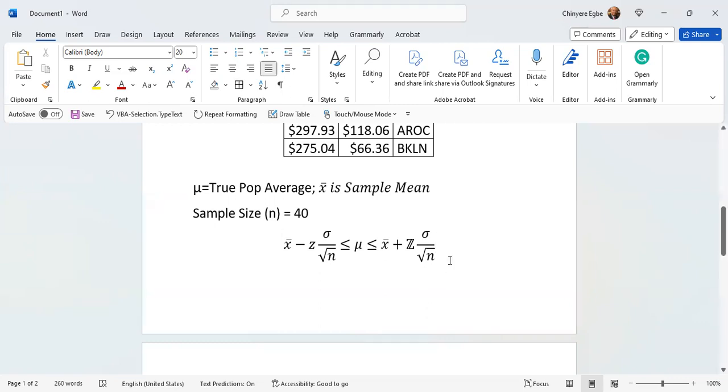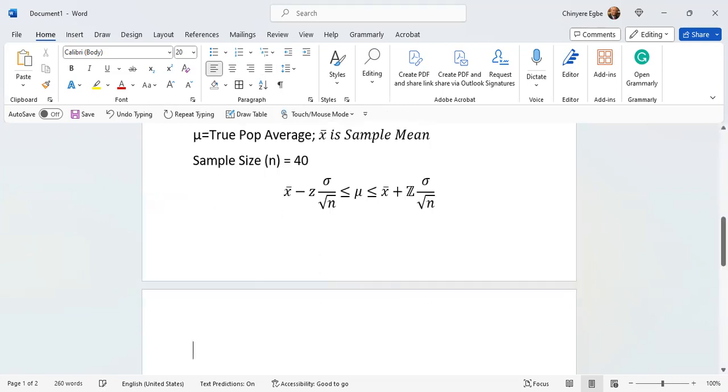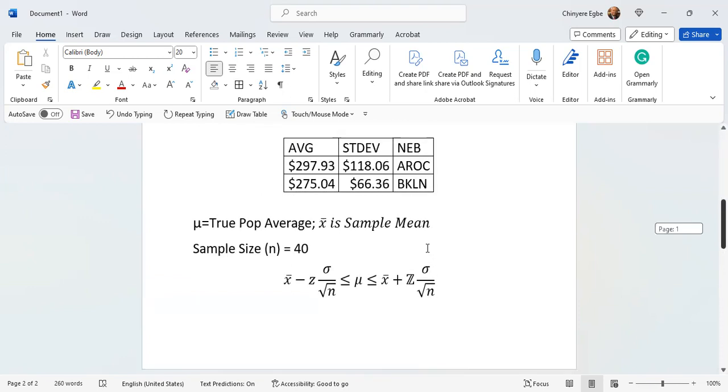Let me see, maybe we have a little time. We have the information here, but the point is that we haven't talked about Z. Z is the normal distribution.